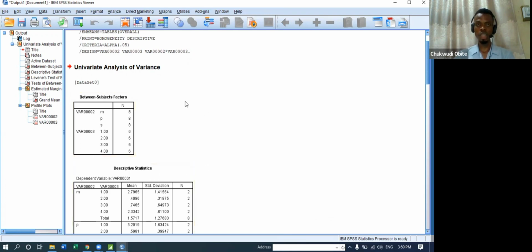What I mean is, if the dependent variable is gender, we have male and female, or it's the rank of officers, we have junior staff and senior staff, or it's the courses you offer in the university, Math 101, Stat 101, Physics 101.